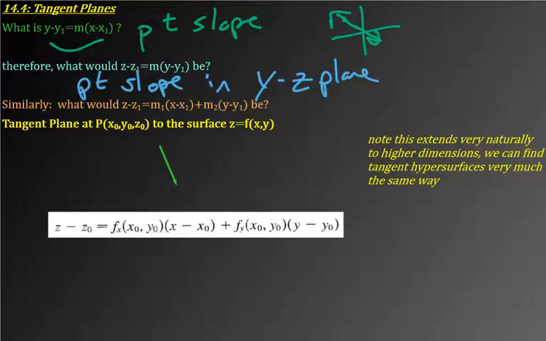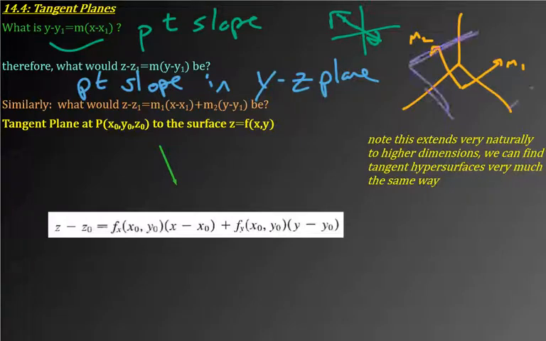Basically, if you have your xyz axis, you've got some slope, we'll call that m1, and then maybe m2 is over here, and those define direction vectors for the plane, and then you can create a plane that includes those, like this. So that's basically what this thing is telling you to do.